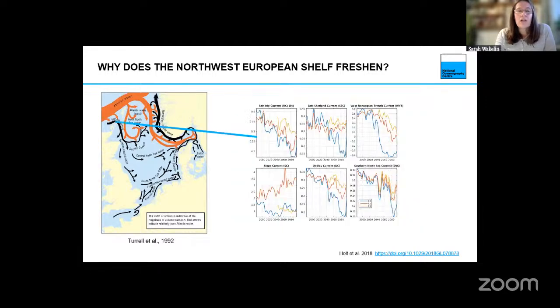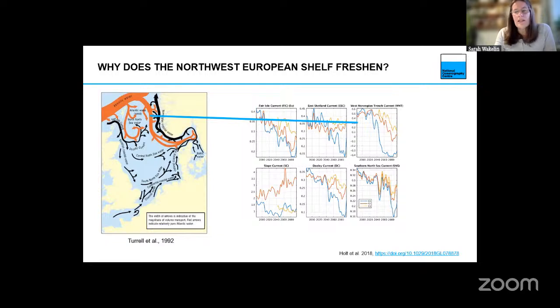If we look at the time series of what's happening here, and just look at the blue line, you can see a general collapse of the inflow through the Fair Isle Channel, the East Shetland current here, and the Western Norwegian Trench current, which is positive. It's a southward flow into the North Sea in the present day, but actually changes sign and becomes an outflow in the future.